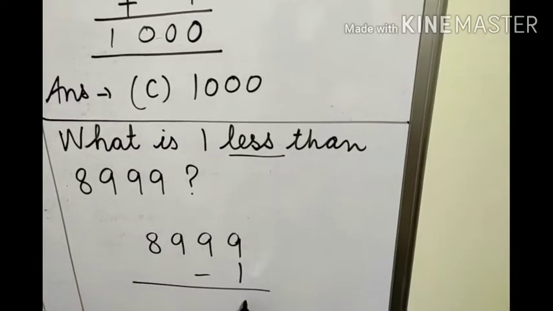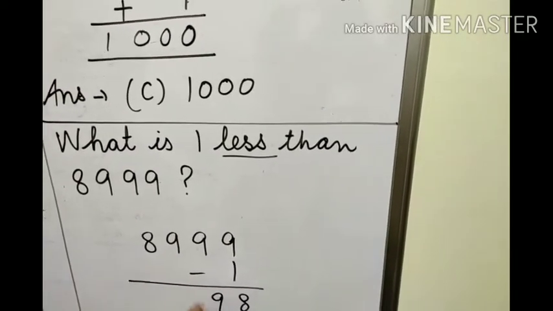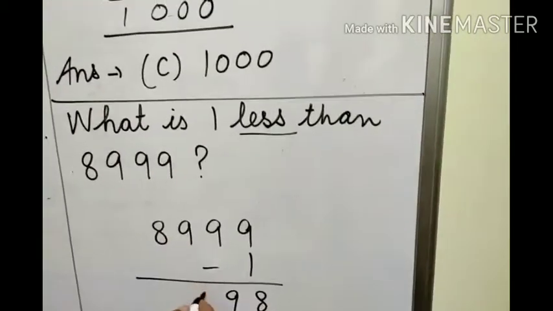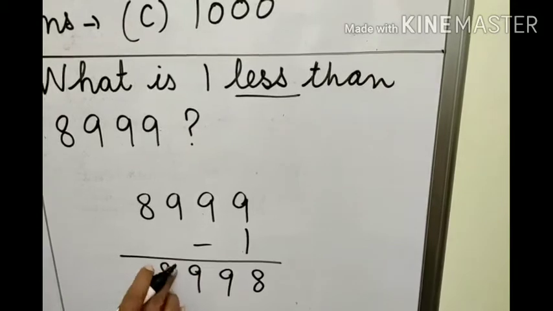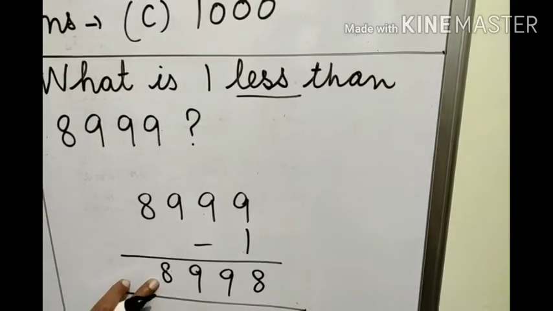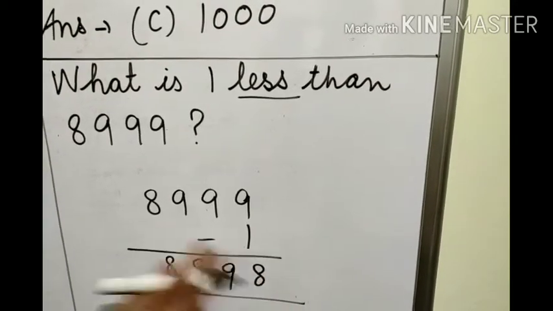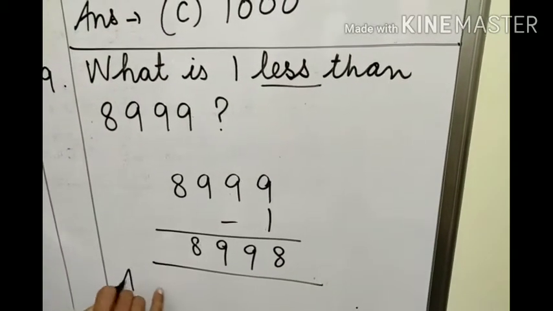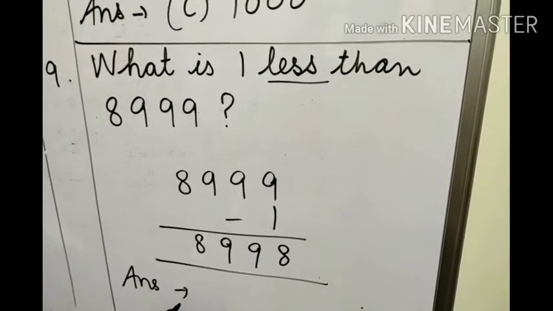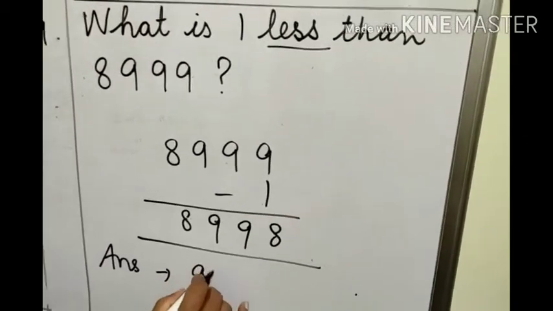Nine minus 1 is 8. The other 9s remain as they are, as there is nothing to subtract. 9, 9, 8 will remain the same. Now our answer is 8998. We will match our options which are given in the question. Our answer is option A.